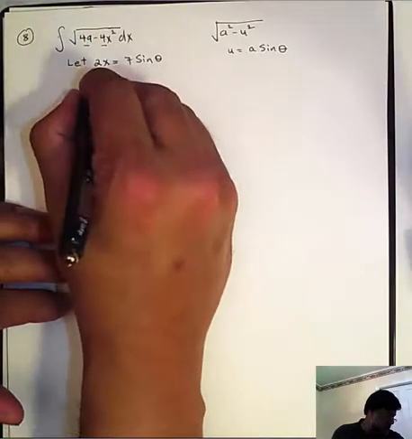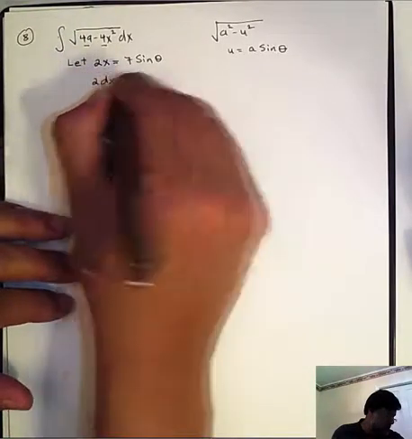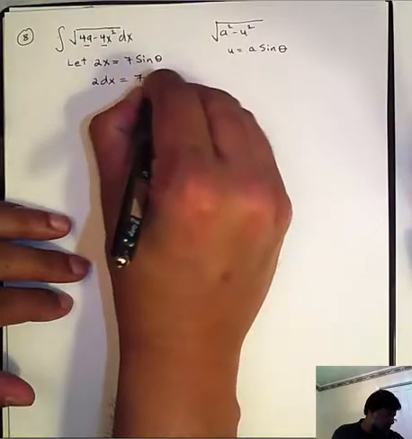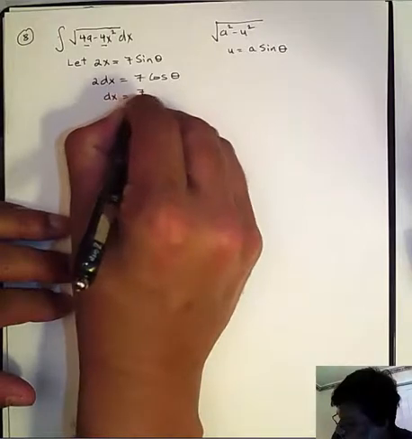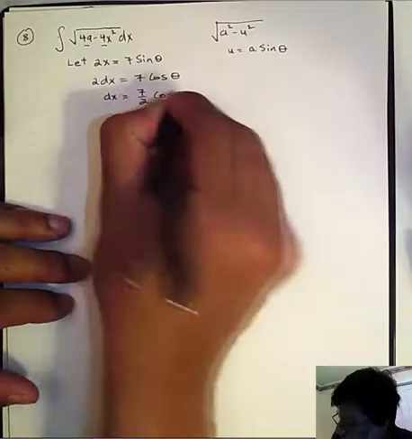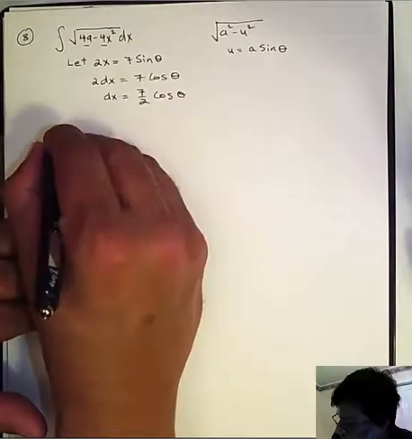If I take the derivative of both sides, that means dx is 7 half cosine theta. Okay, so now we can plug it all back in here.